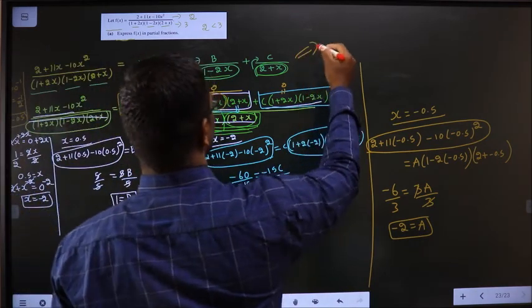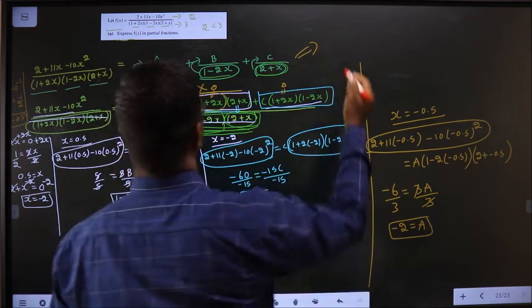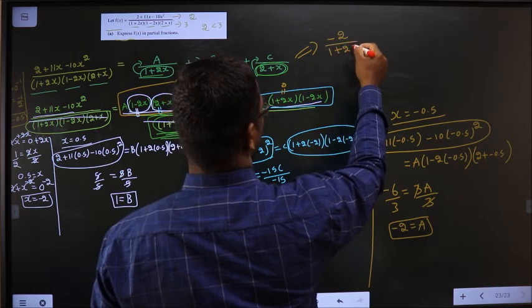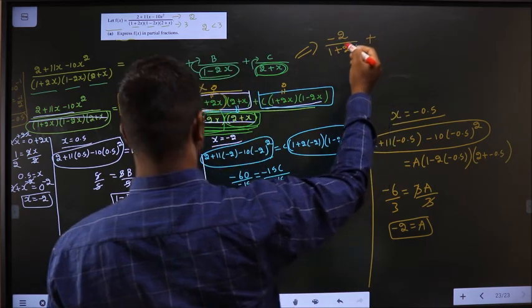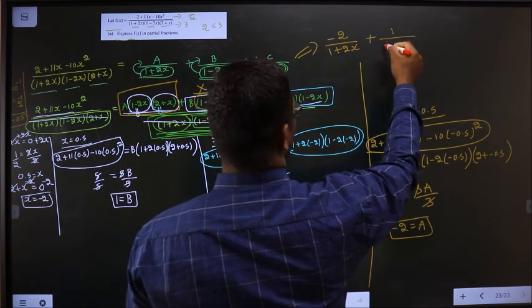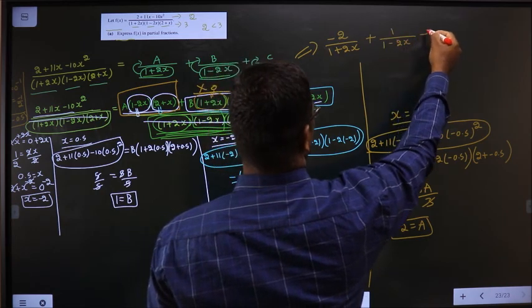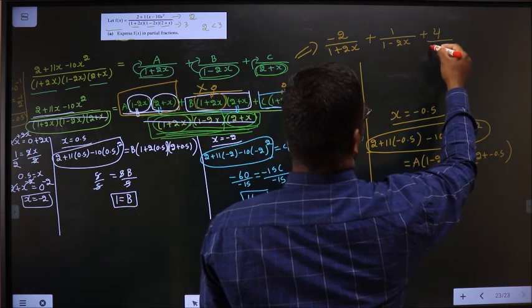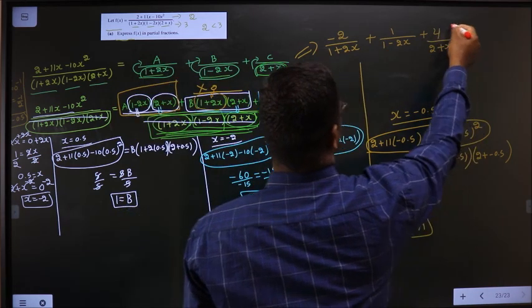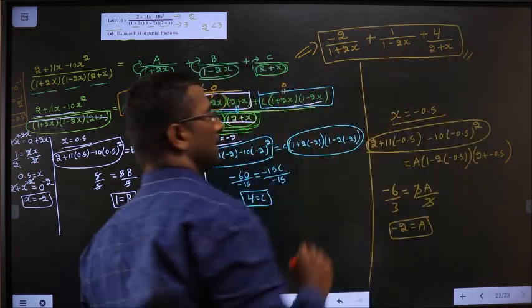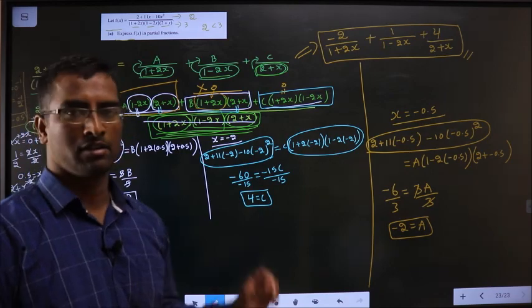So a is minus 2. So minus 2 by 1 plus 2x plus b is 1 by 1 minus 2x plus c is 4, so 4 by 2 plus x. Thus, this is our answer.